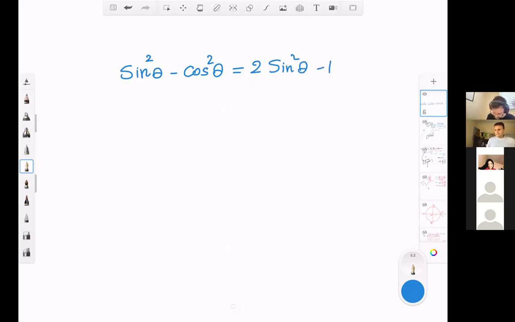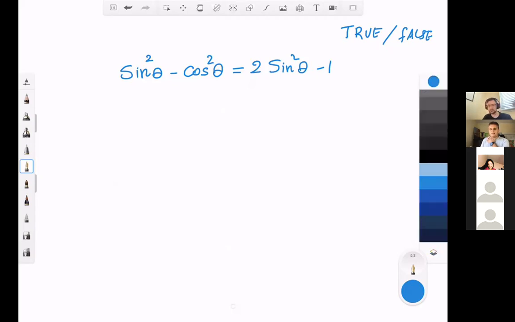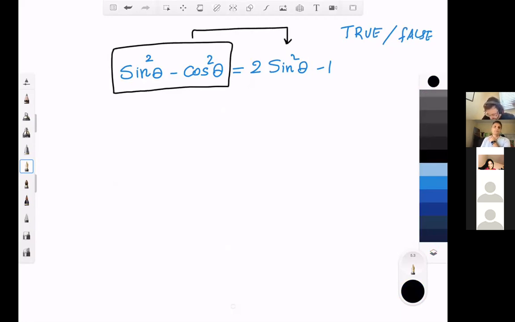I can ask you guys, is this true or false? One type of question I might ask is, is this equal to the other side? Or I'm going to ask, prove it. That means prove the identity. Prove that this side equals that side. But for now, let's see if it's true or false. Is that A true, B false?